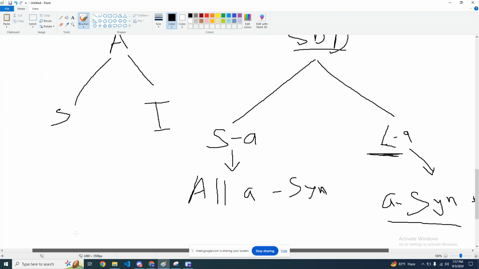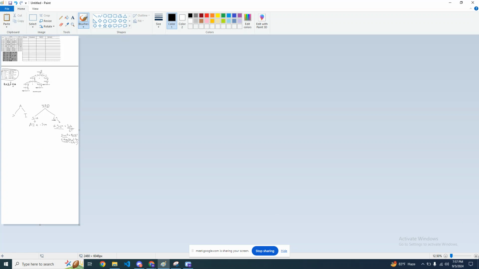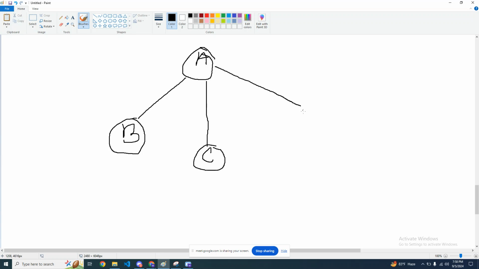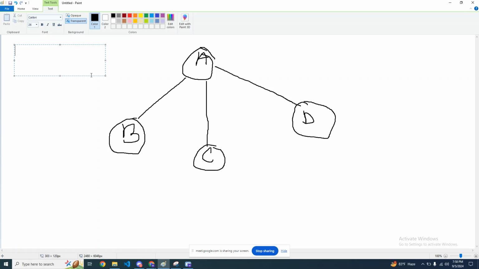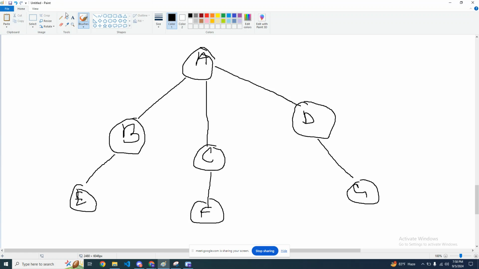So let's look at an example. Suppose this is your parse tree.